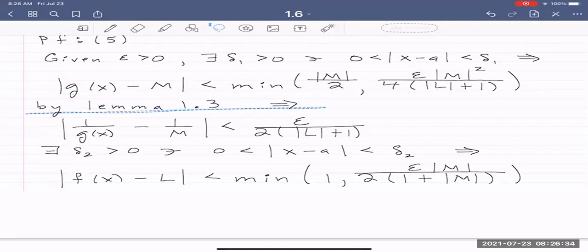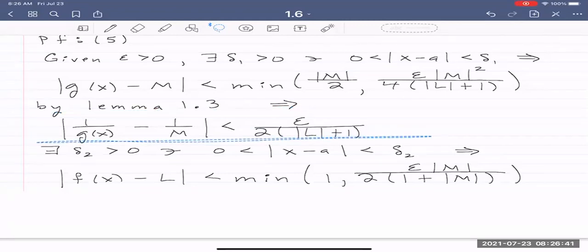So by the third part of the above lemma, 1 over g minus 1 over m in absolute value is less than epsilon over the quantity 2 times the quantity absolute value of L plus 1.